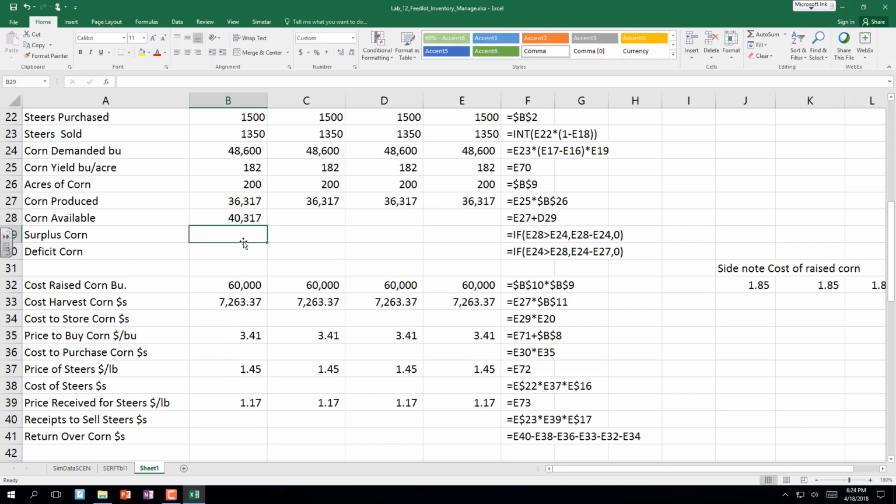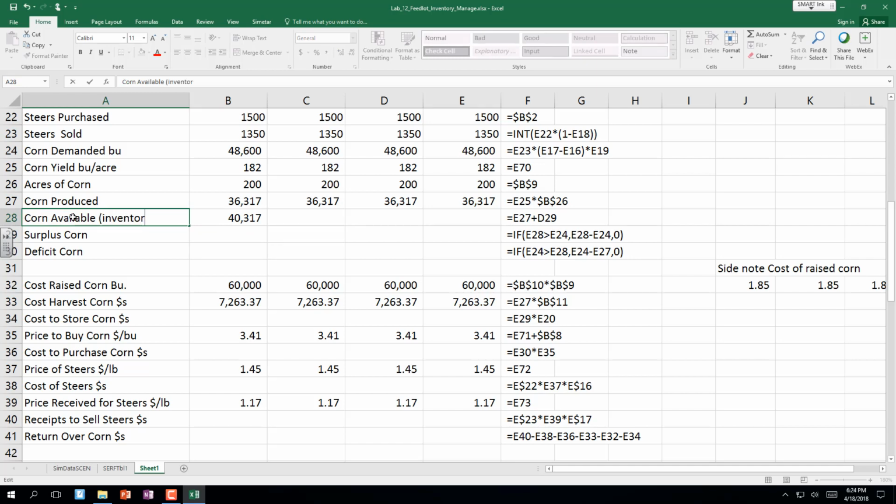Now, I'm not going to drag that across because that's got something going on here. If I have surplus corn, that would mean that what I had available was more than what was demanded. So that's an if statement. If my inventory, and you could, so that corn available, you could also call that my inventory. And instead of saying corn purchased, this could be how much you ordered in. Put it in those terms.